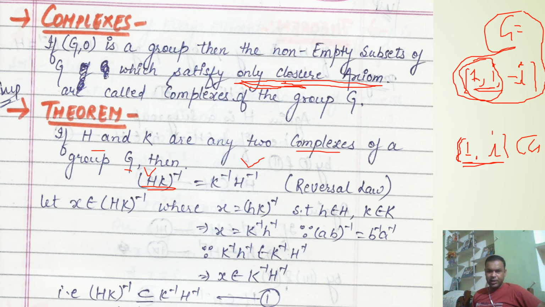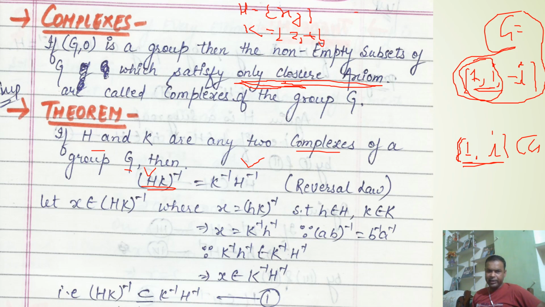First, you will see how to write the product of two complexes. Suppose this is H, and H has two elements X and Y, and there is another complex K which has elements Z and T. Then you write all possible combinations of their product.